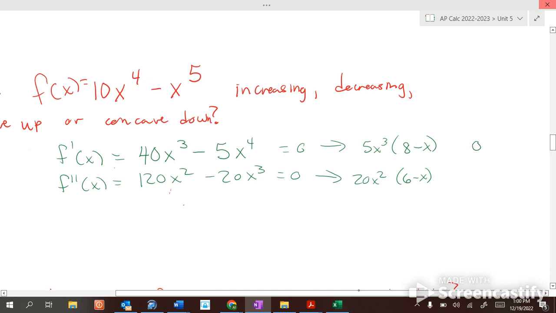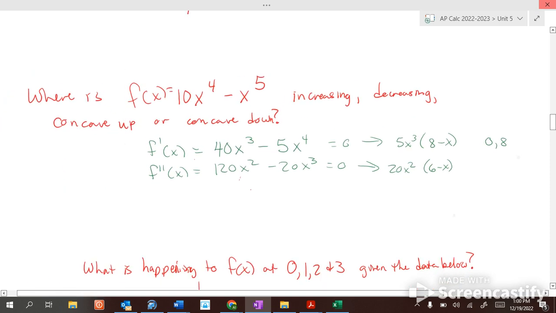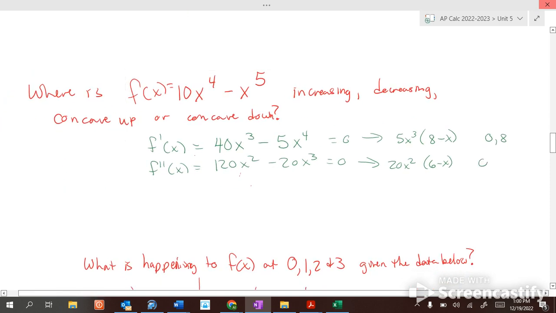So 0 and 8 are mins and maxes, and 0 and 6 are points of inflection. So how does that work? Well, if we make a little chart, from negative infinity to 0, something's happening.